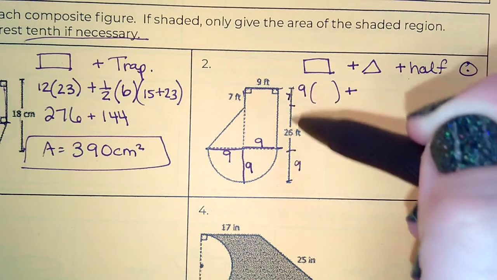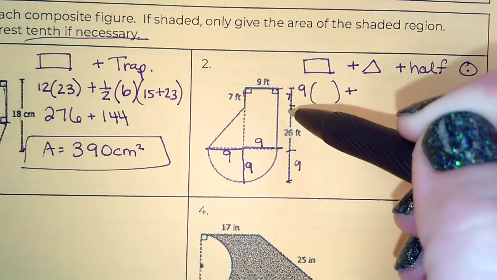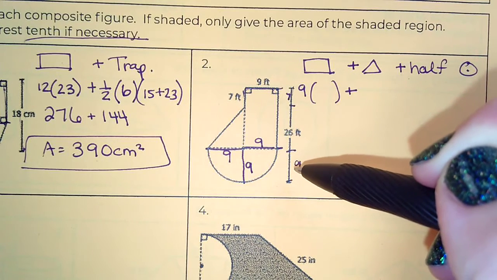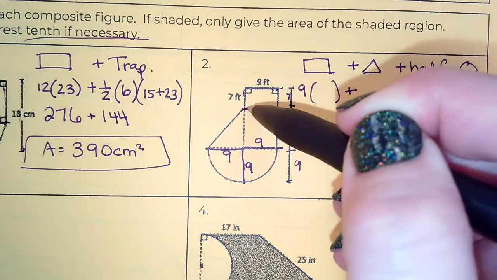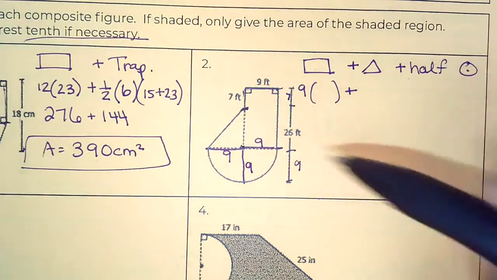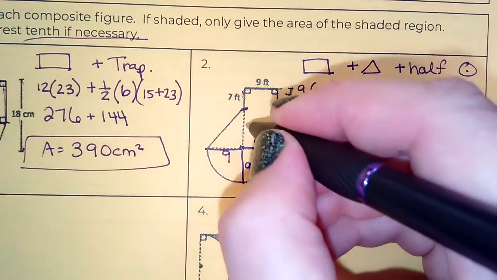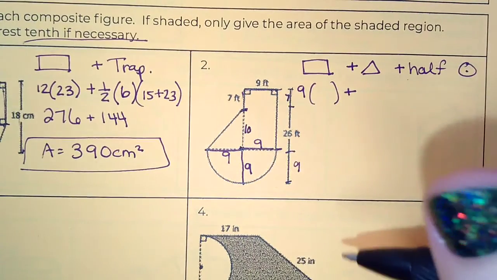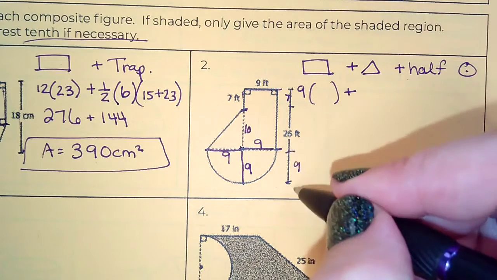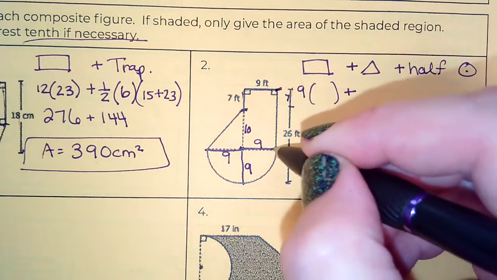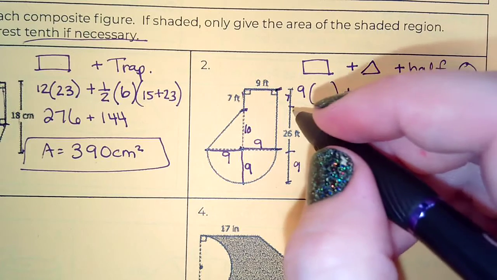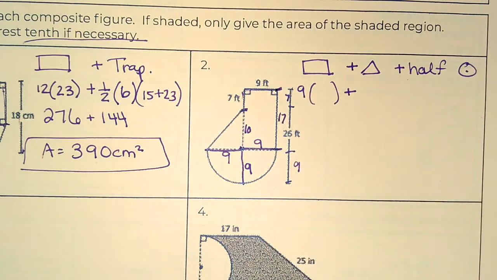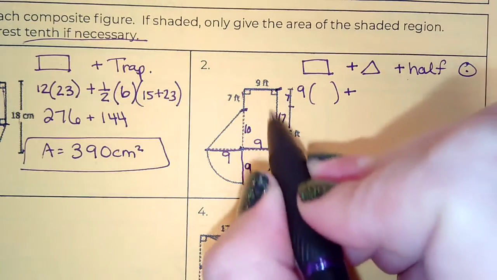So I just subtract 26 minus 7 minus 9 to find... Oh, actually, that would find me this height. 26 minus 7 minus 9 would be 10 here, which I'll need for my triangle. And then if I just do 26 minus 9, that would give me the length of the side of the rectangle. 26 minus 9 would be 17.